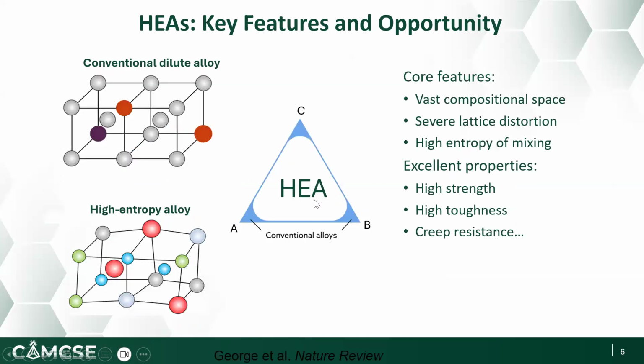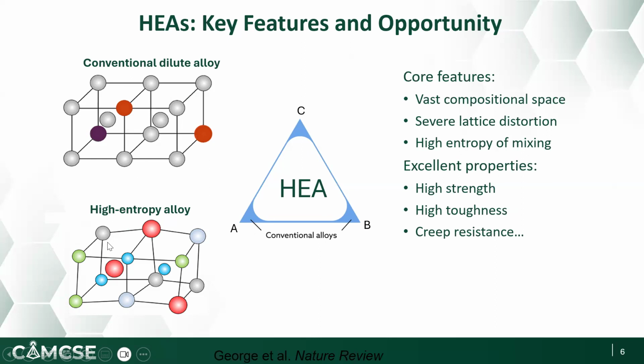Besides the vast compositional space that we can explore in the central region of the phase diagram, there's also a fundamental difference between the conventional dilute alloy and the high entropy alloy in terms of crystal lattice structure. In a conventional dilute alloy, because it is based on one major principal element, you don't see significant lattice distortion.